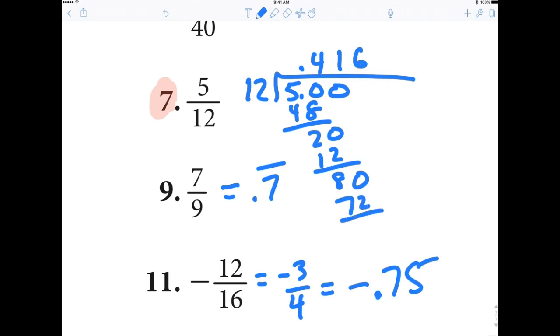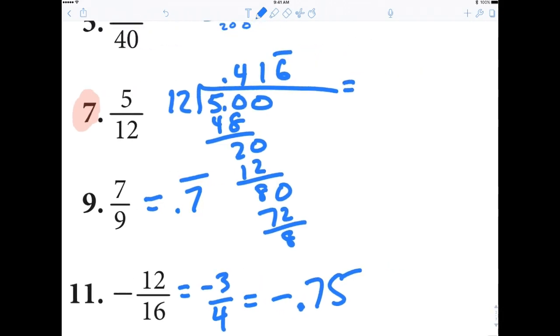And then that would be 72. Then it repeats again, right? That would be 0.416 repeated. Well, what is repeated, though? Only the 6. So 5/12 is the same as 0.416 with a bar over the 6.